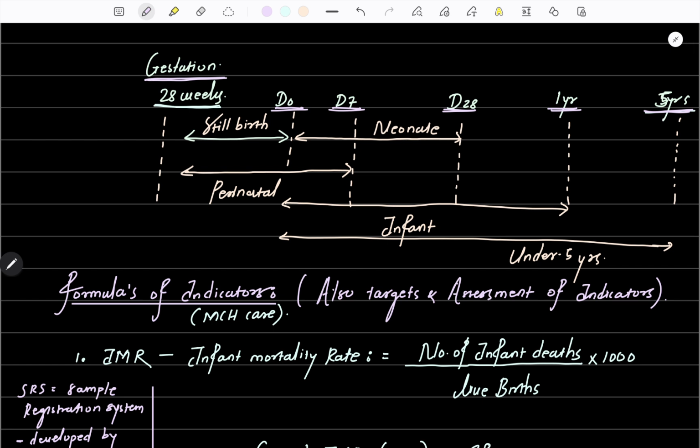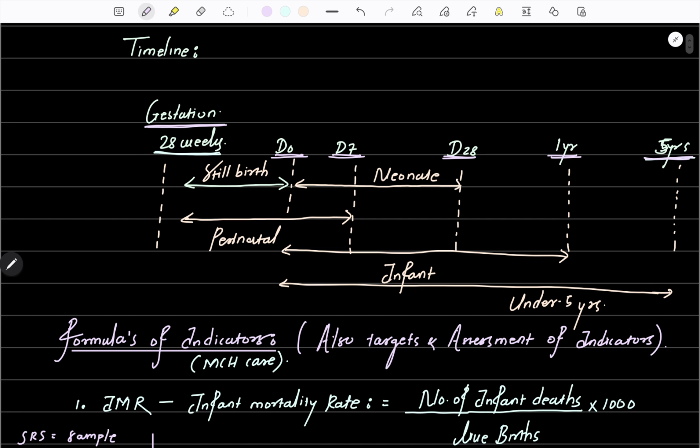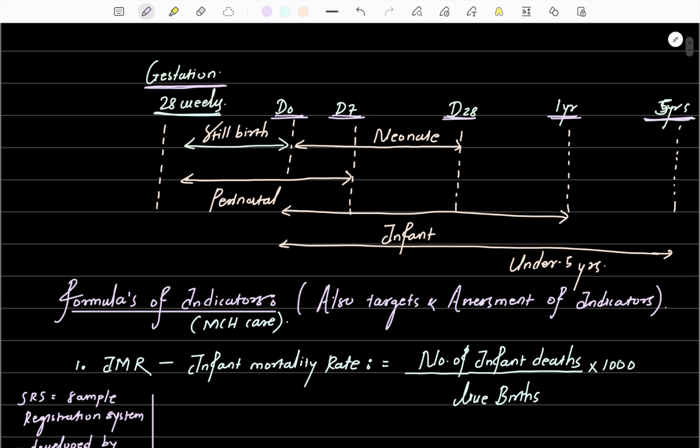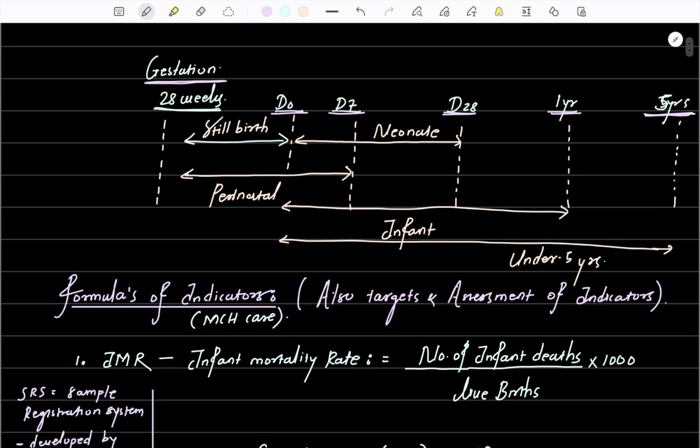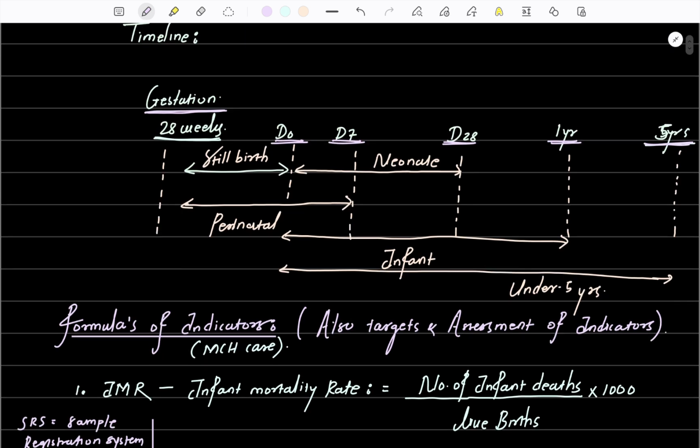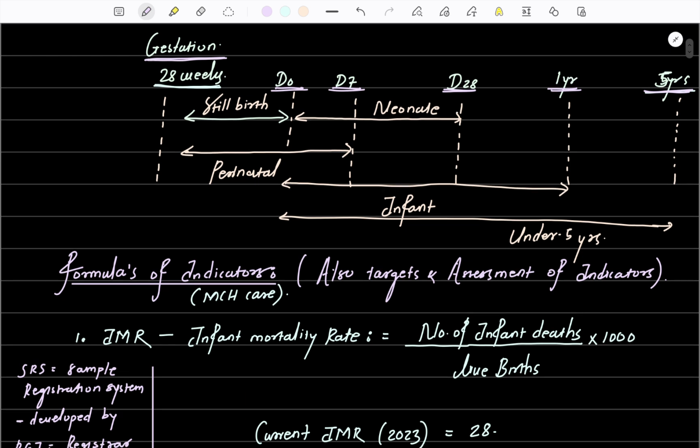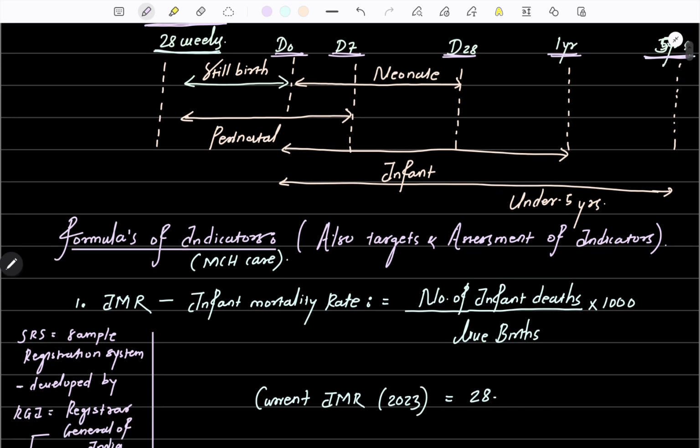From 28 weeks to day 0, that is the birth of a child. In this period, when the child dies intrauterine, due to causes inside the uterus, it's called a stillbirth. And when we give birth to a baby that had already died, it's a stillbirth.